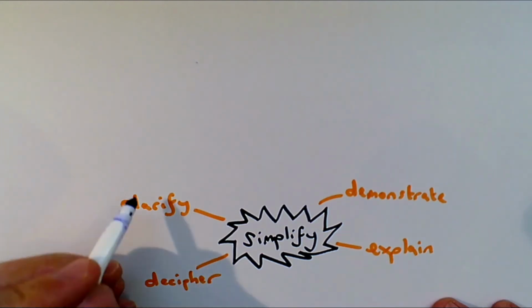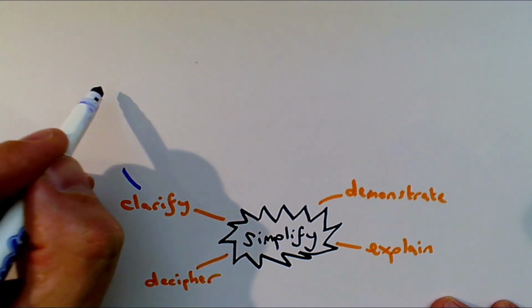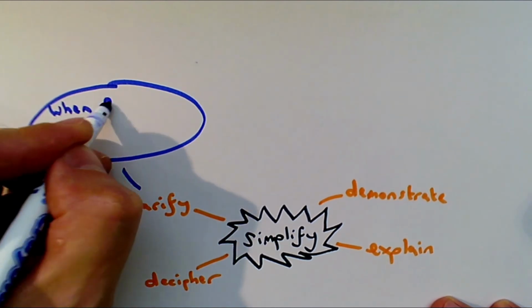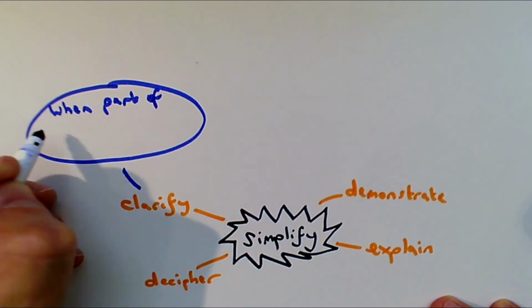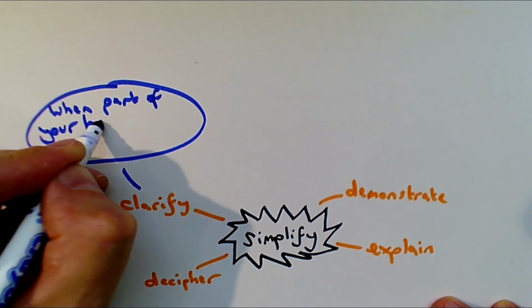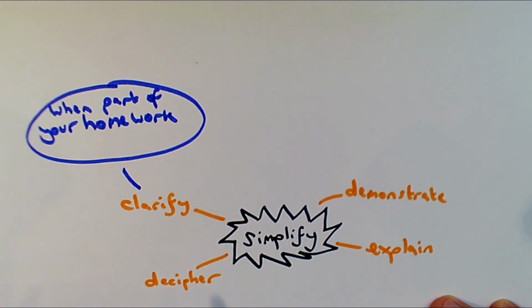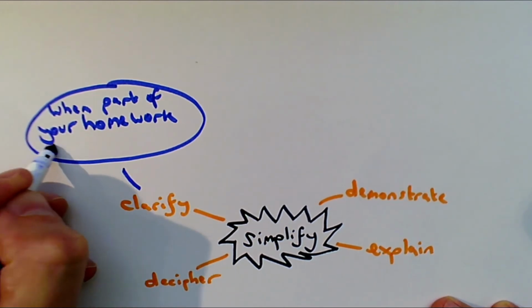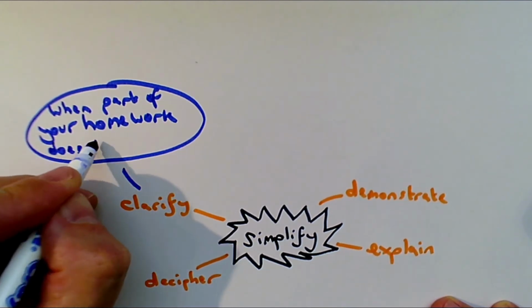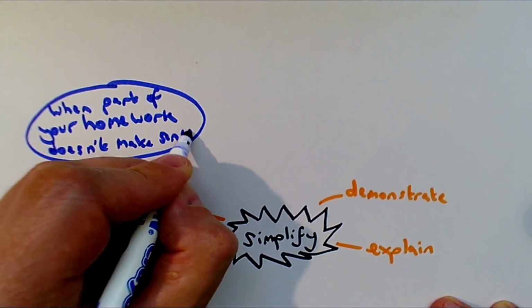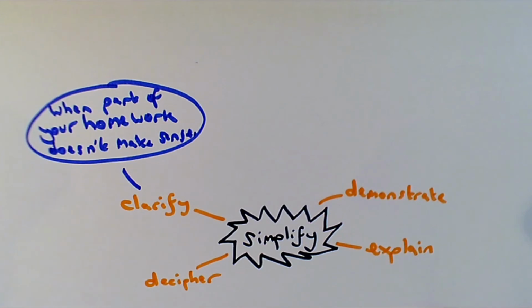The context for that might be, maybe you need something clarified when part of your homework doesn't make sense. It doesn't make sense to you. So you're confused, you need to be clarified, you need clarification when part of your homework doesn't make sense.